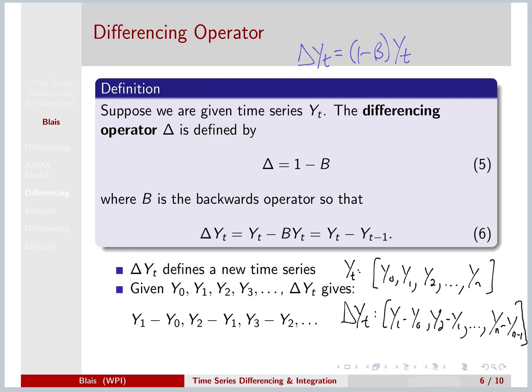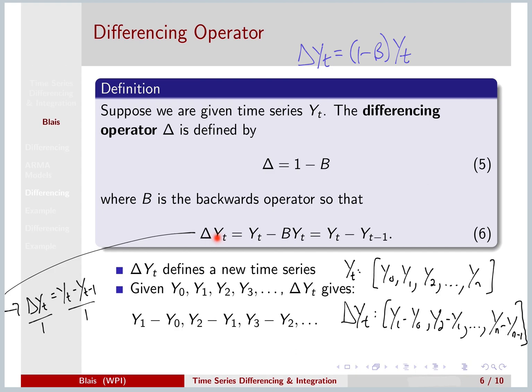And this will be akin to the idea of taking the derivative of a time series. One way you can think of that is if you look at this defining equation, delta y_t is y_t minus y_(t-1). Of course, we can divide both of these by 1. But the reason we're dividing by 1 is notice that that's the time step.